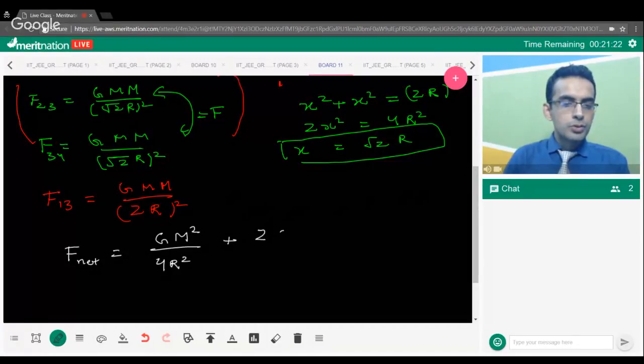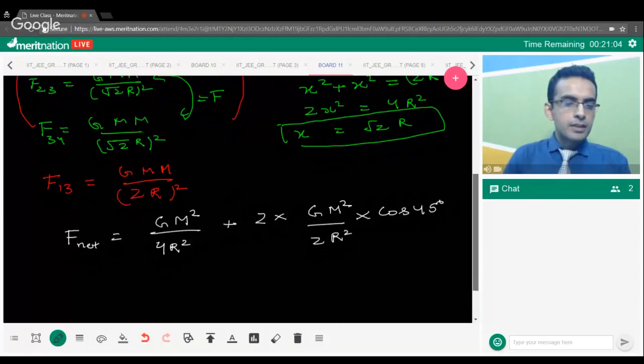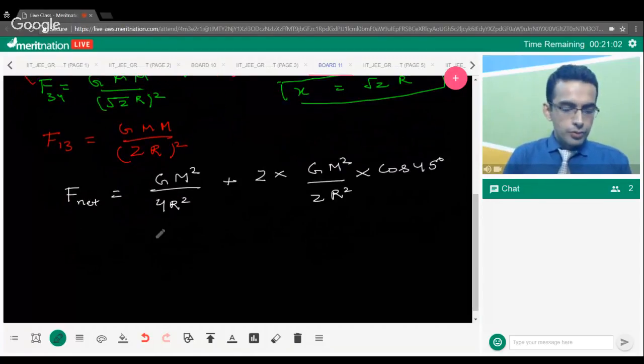So 2 into G m square by root 2 r whole square into cos of 45 degrees. After that, we got the value to be equal to G m square. We can take G m square common.